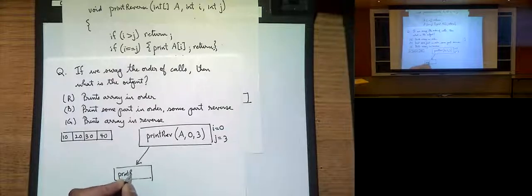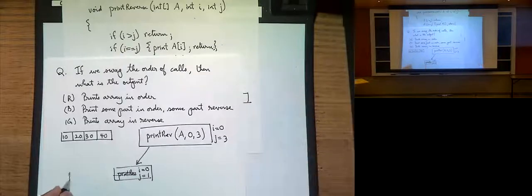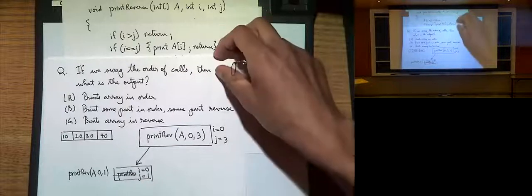So I'm going to just drop the A. Instead, I'm just going to say i is equal to 0, j is equal to 1. So it's print reverse A ij, so it's A01. I'm just going to keep track of what i and j are. I'm not going to write out print reverse. Okay, so that's what happened.